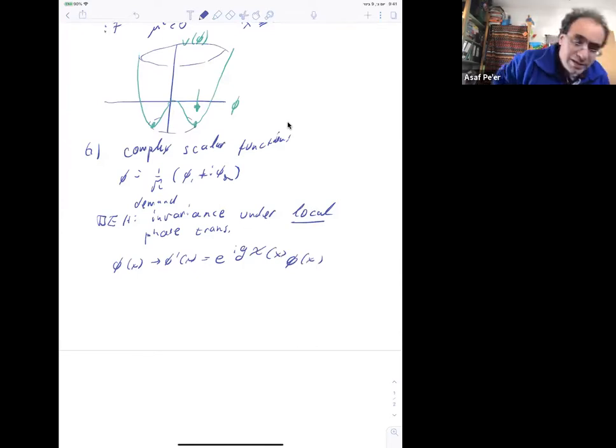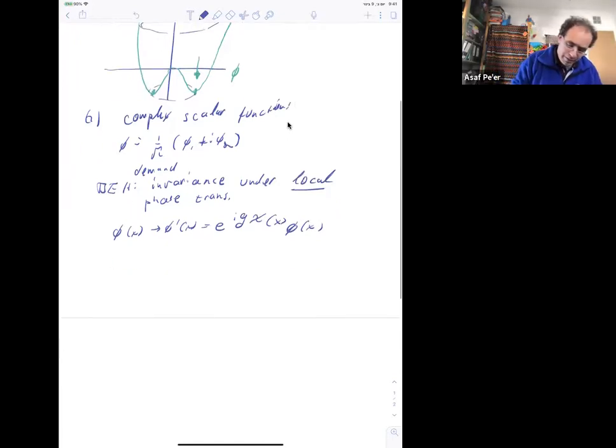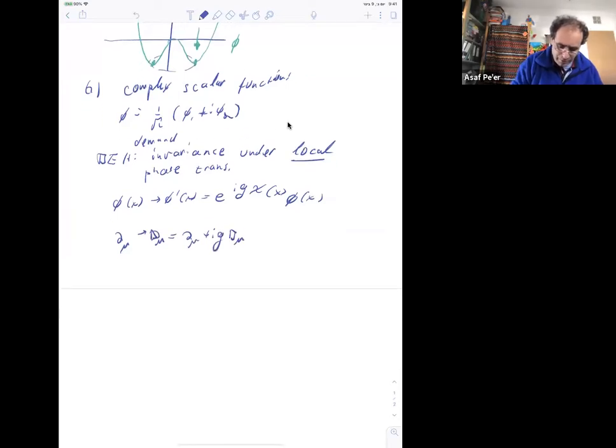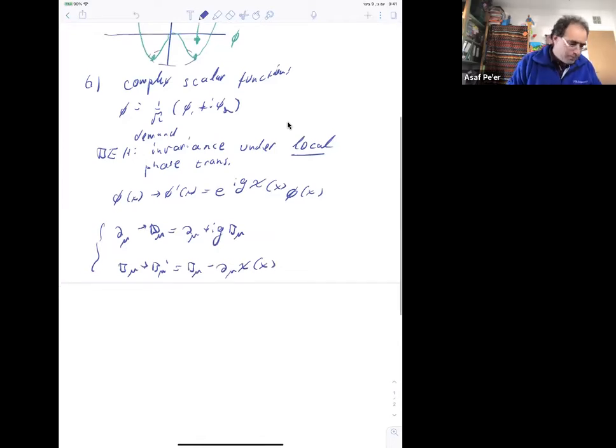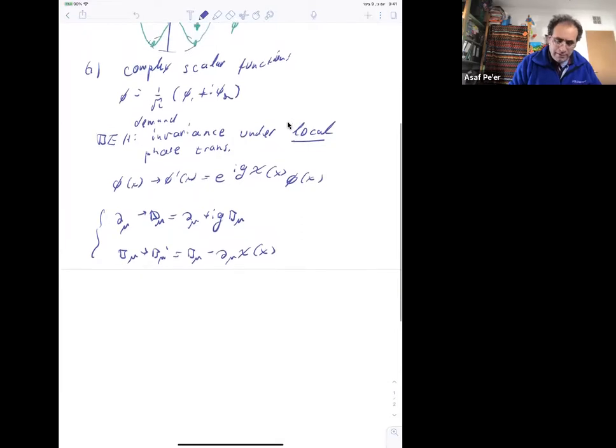We replace d mu with D mu, which is d mu plus i g B mu, and the new vector field transforms as B mu goes to B mu prime, B mu minus d mu chi, as we saw previously. And then we expand the field around the new vacuum state.